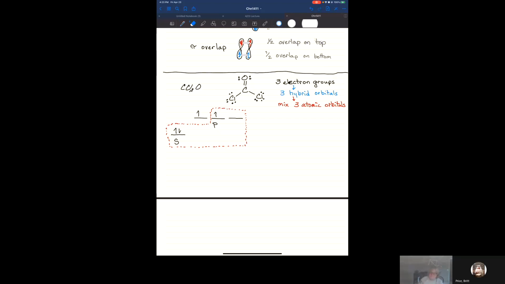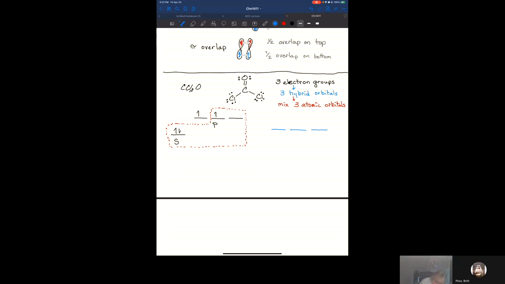The only reason I know this is what I need to do is that, based on the structure, I have 2 single bonds and a double bond. Each single bond has a sigma overlap. Each double bond has a sigma and a pi overlap.